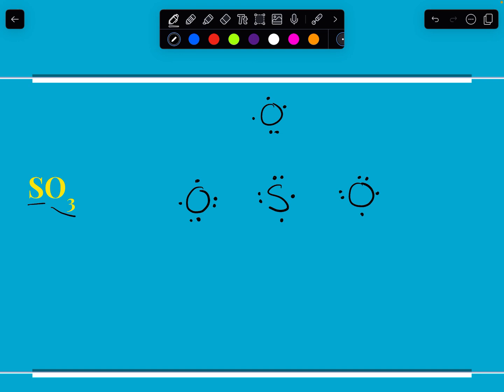So, oxygen comes with 6, wants to get to 8. That means we're going to need a double bond on every side because they're all oxygen, right? They're all the same with just 6. So I'm going to go ahead and do double here. 1, 2. At the top, 1, 2.